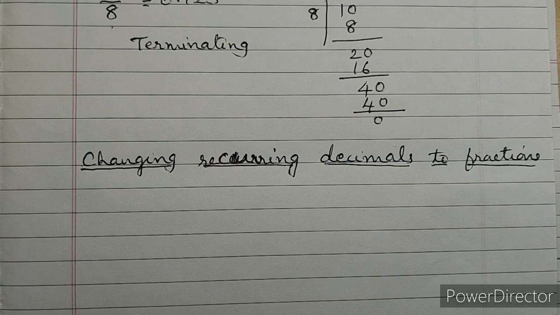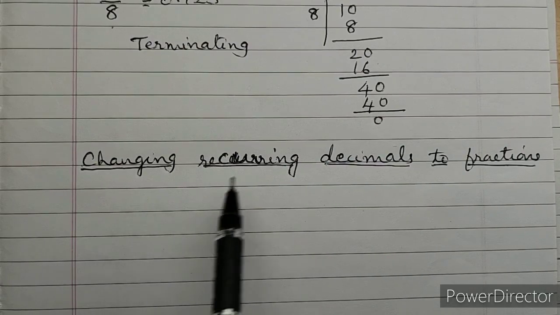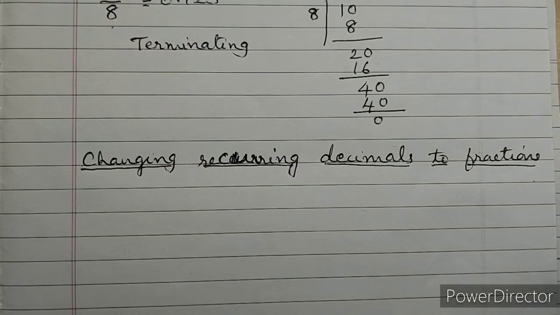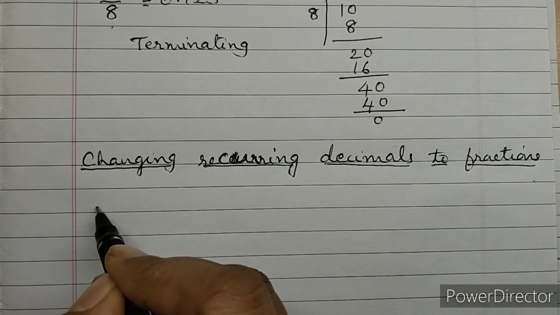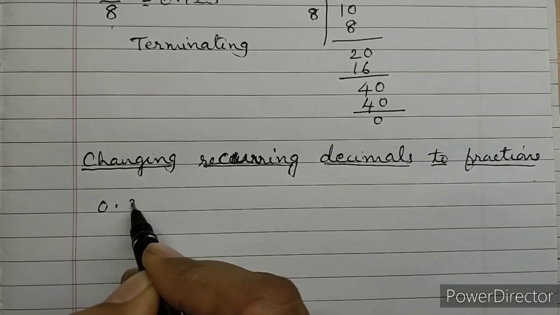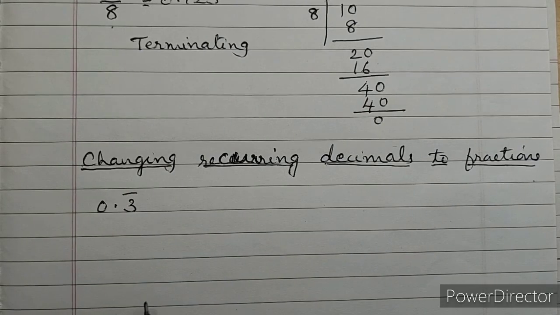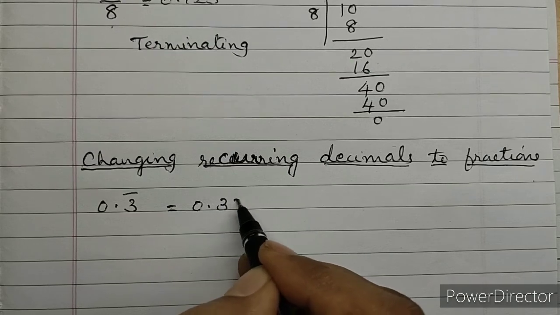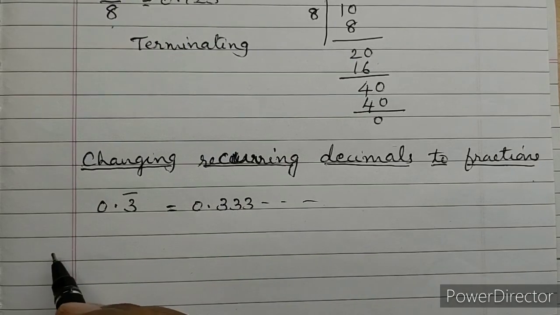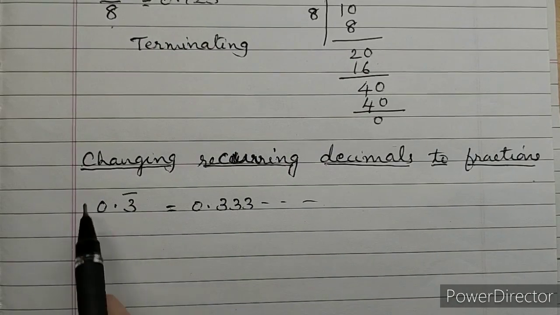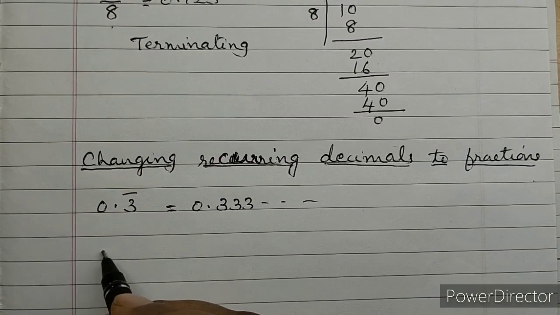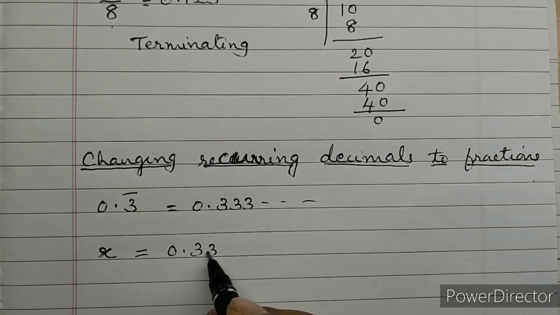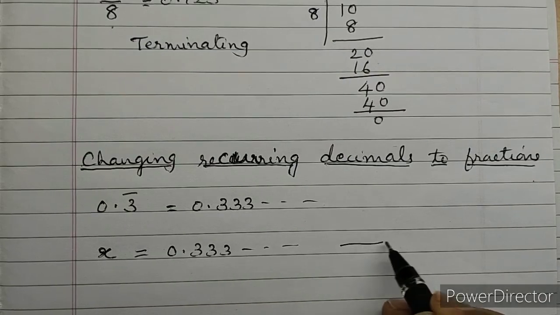Next topic is changing recurring decimals to fraction or P by Q form. Question is 0.3 bar. 0.3 bar means it is 0.333 etc. So first you have to take the question as x. X is equal to 0.333 etc. Put it as first equation.